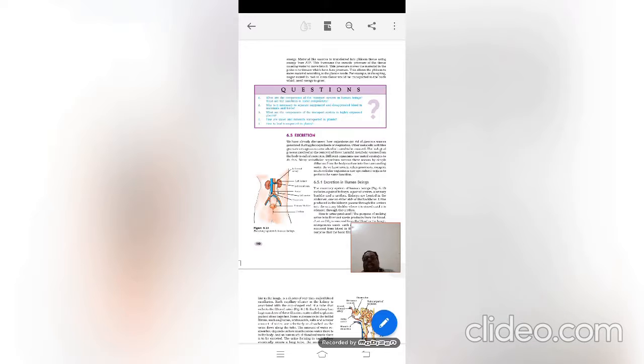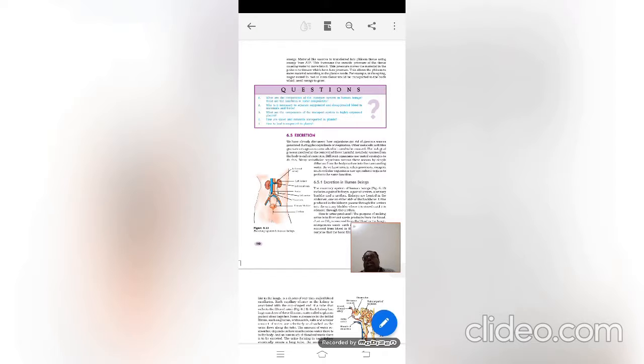For this excretion, different organisms have different mechanisms. For example, some organisms live in water and some live on land, terrestrial. Many water-living animals excrete their metabolic waste in the form of ammonia because they are rich in water.